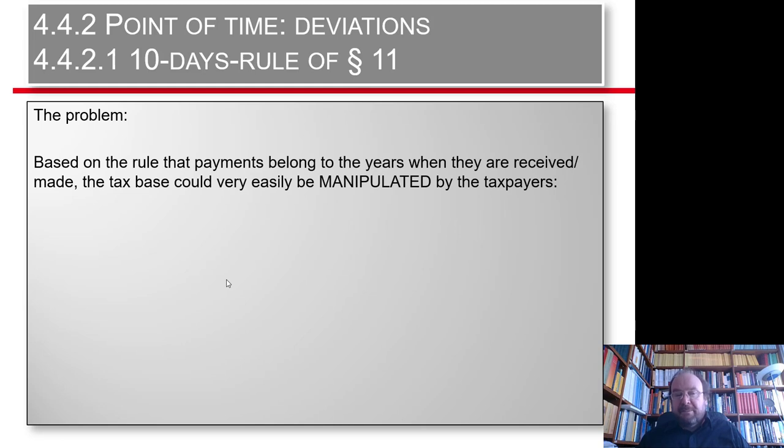One could manipulate things a bit. The payment date rule allows to shift things a bit. You decide when you pay things, and in certain ways you can also influence when you receive money. For example, if you take a telephone and just call the person who owes you money, could you please wait with the payment until the beginning of next year or so?